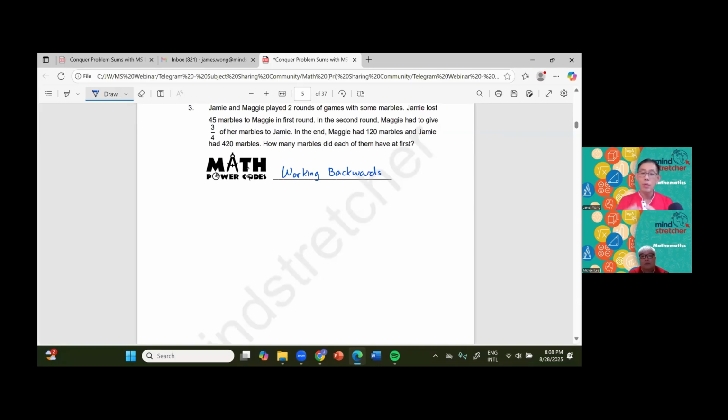Usually for this kind of question, it's about working backwards, because you want to trace back the sequence of activity to derive the original quantity or amount that they are trying to ask you. So let's see how we can apply this.